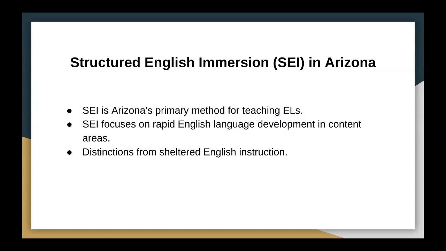Unlike sheltered English instruction, which adapts content to the student's current proficiency level, SEI focuses on immersion in English through structured activities and standardized curricula, promoting both language and academic learning.